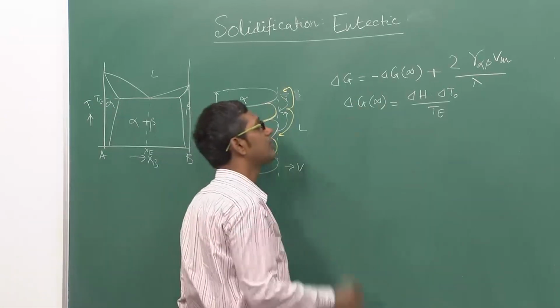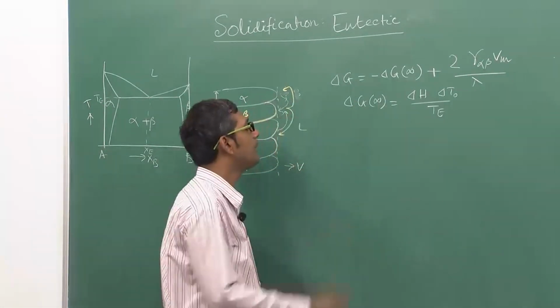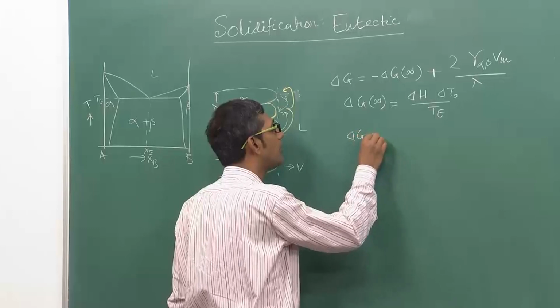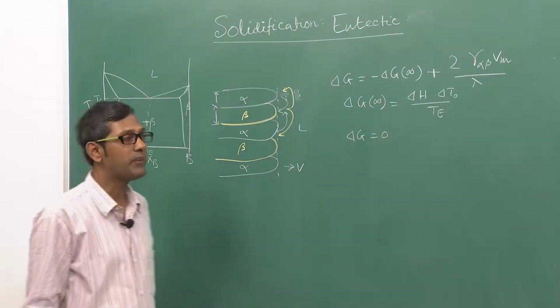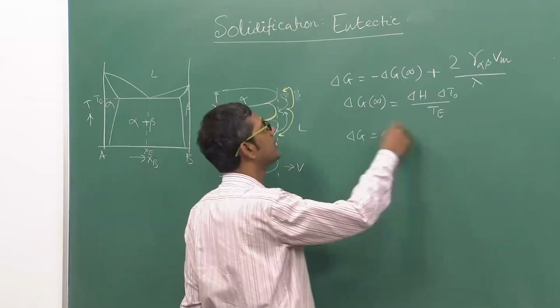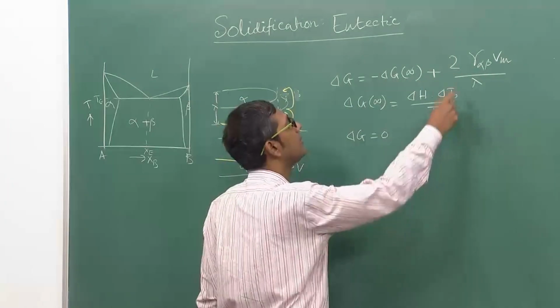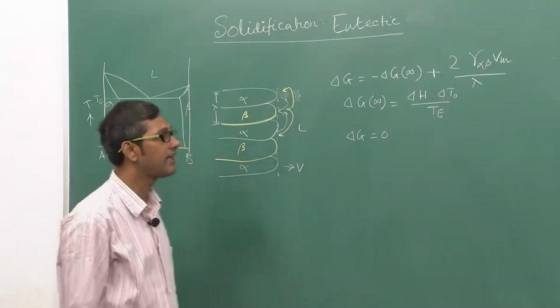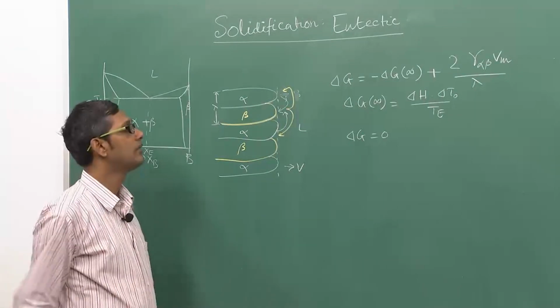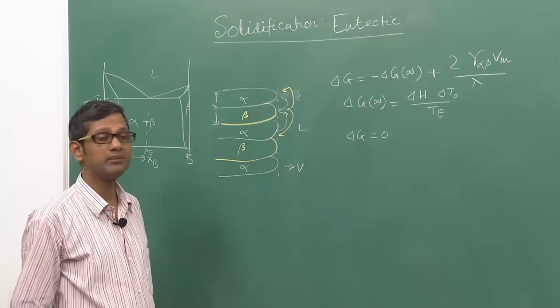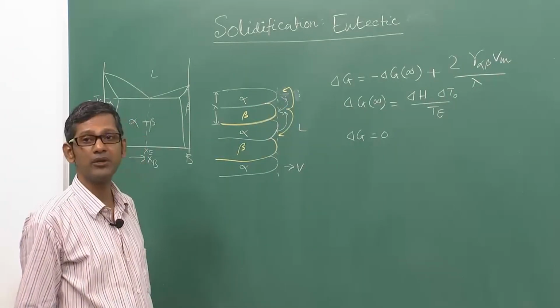Now we can plug in this equation. When delta G is equal to 0, that is where the balance of the free energy because of the heat evolution and the interfacial energies of alpha and beta will basically give us the minimum value of lambda.